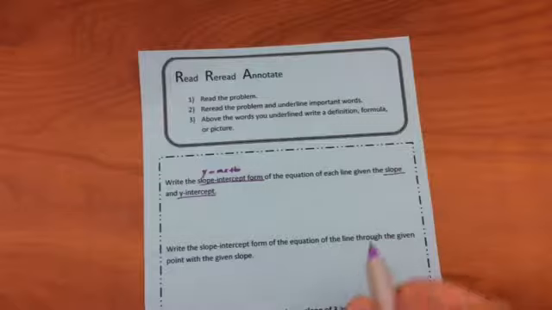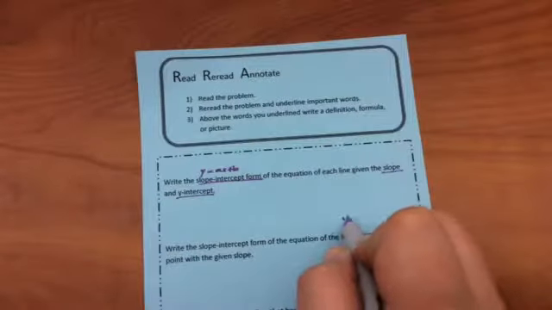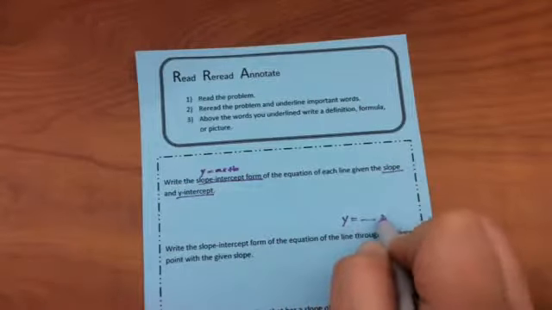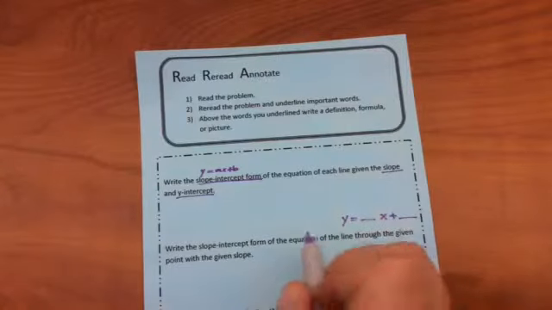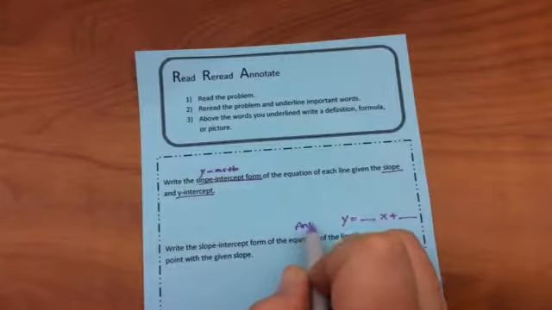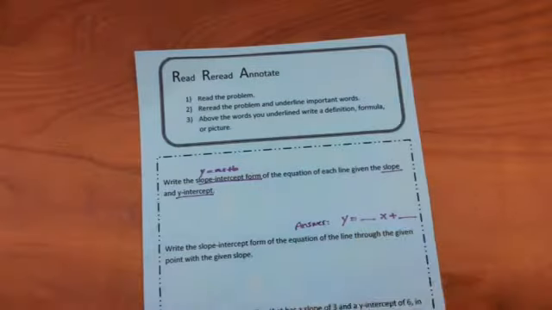You might want to start doing something at the bottom of your workspace like this, y equals blank x plus blank, so you remember to give your answer in this form. You could even write the word answer next to it if you wanted. Okay, so slope-intercept form is y equals mx plus b.